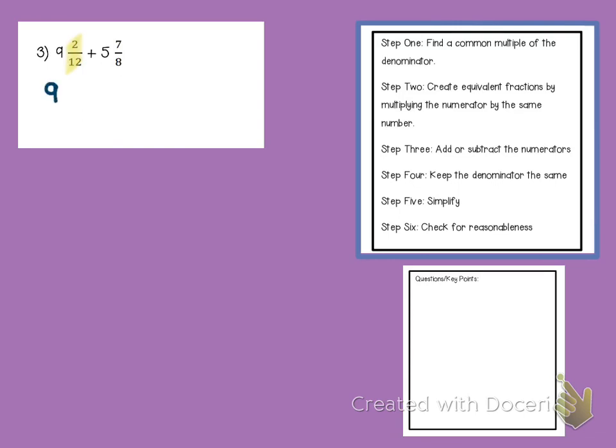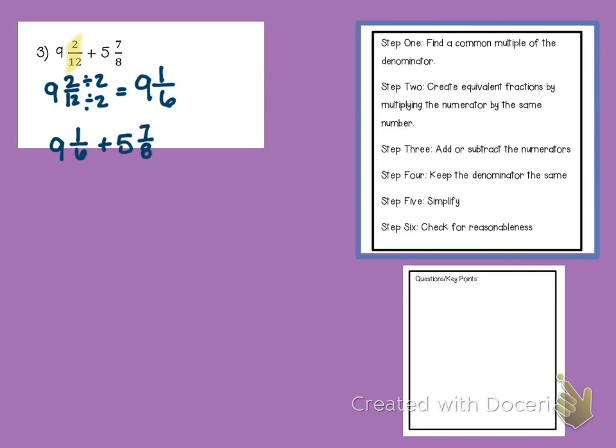So 9 and 2 over 12 can be divided by 2 to simplify before we start our problem. So that becomes 9 and 2 divided by 2 is 1 and 12 divided by 2 is 6. So this can make our problem a little bit easier. So we have 9 and 1/6 plus 5 and 7/8.